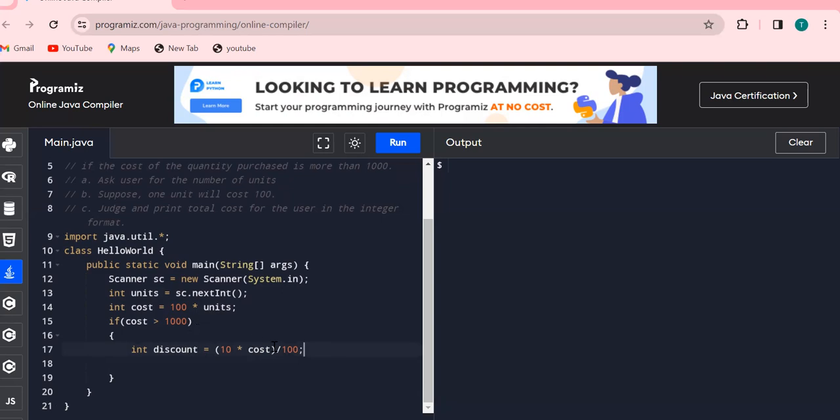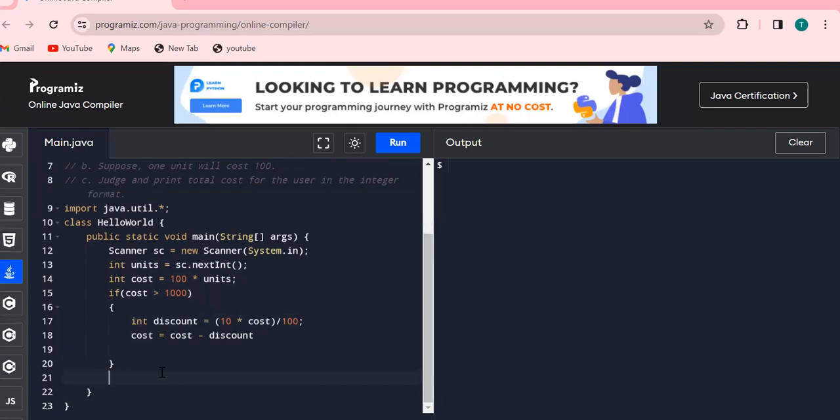If the cost is greater than 1,000, we are just subtracting the discount from the total cost.